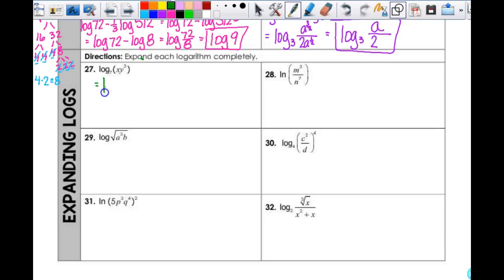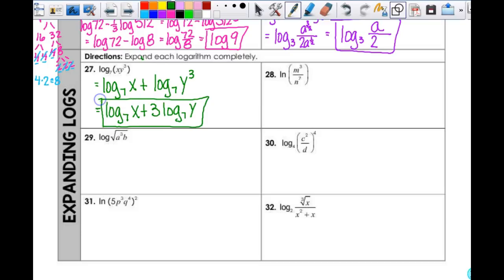So I'm going to make this into log base 7 of x plus log base 7 of y cubed, because then I have this exponent that I can bring out to the front, and I get log base 7 of x plus 3 times log base 7 of y, and that allows me to get it as separated out as possible.